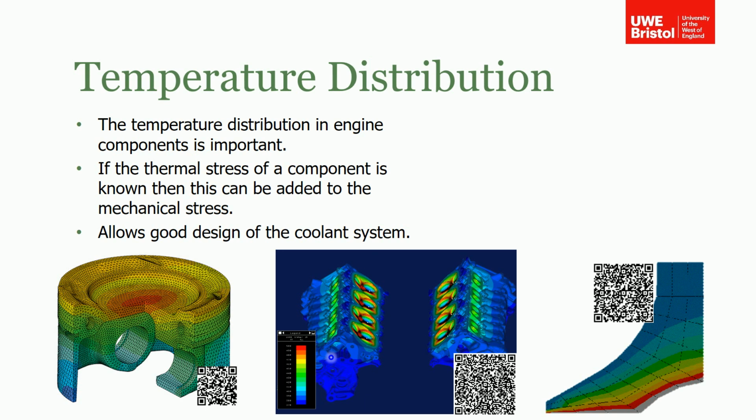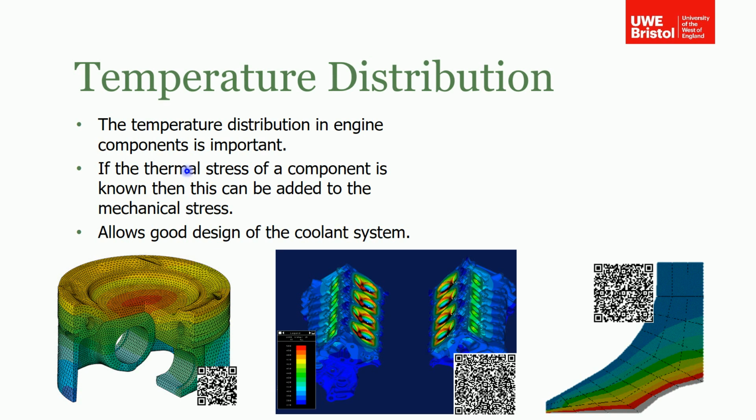So, we've talked about the temperature distribution effectively in one dimension. But obviously, we have 3D parts, and so we need to perhaps consider the temperature distribution in 3 dimensions.